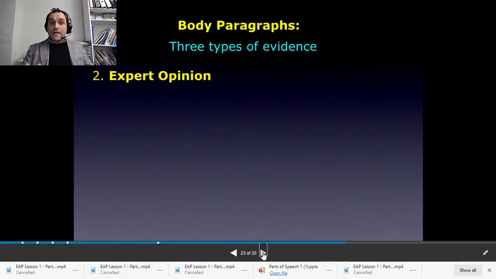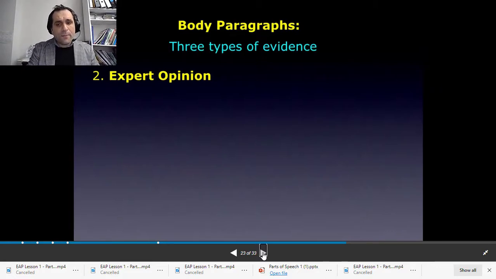So when you read research and you read a lot of books, you need to find expert people about the topic. If you are writing about cancer, well, they have to be experts at that. If you are talking about language, you need to find somebody that knows a lot about language, etc. Okay? So that's number 2 evidence you can provide.